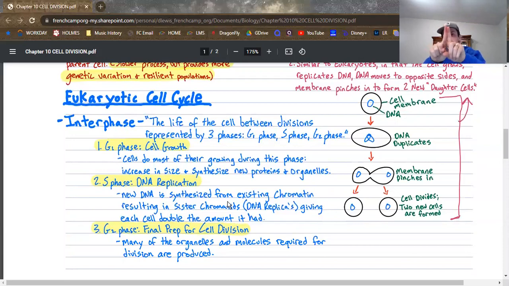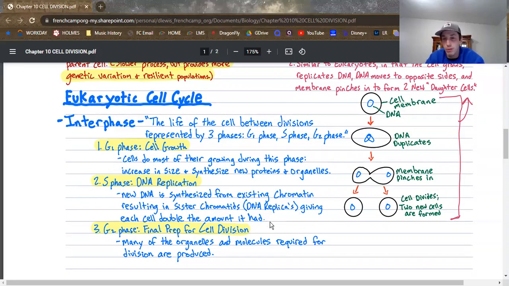And so the result is that you essentially end up, well, you had one, and now you fill in the gaps. Now you have 2 strands of DNA. So copied from existing chromatin, resulting in sister chromatids. And so that's the DNA replica. And it gives each cell double the amount of genetic information that it had previous to this step in interphase.